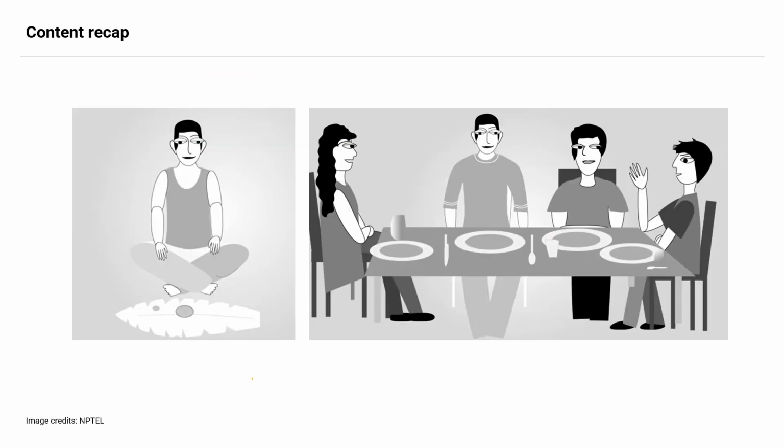Also, the content talked about how we have transitioned, how the cultural transformation has taken place in due course of time. You must remember that there was a time when we have been floor sitters, right? Most of our work used to happen sitting down. Even now, a lot of work happens that way.